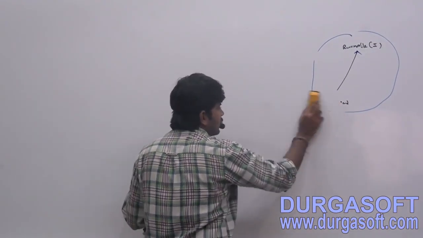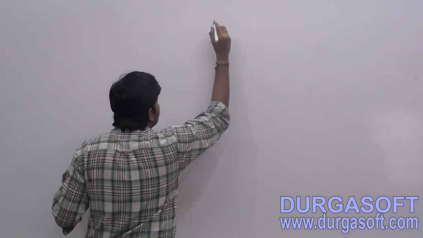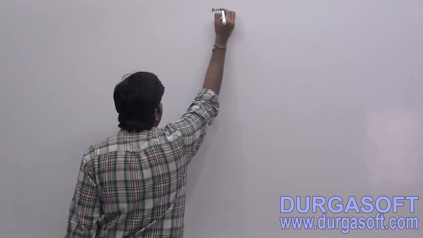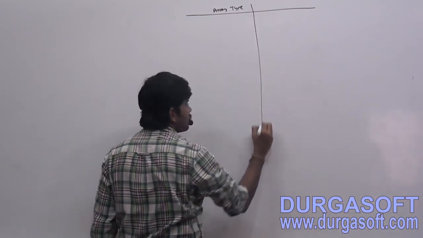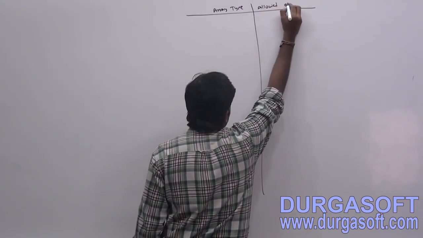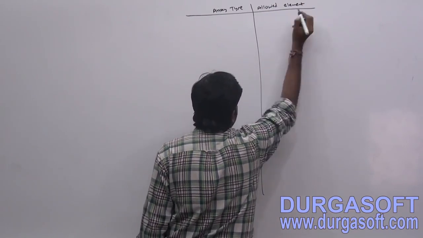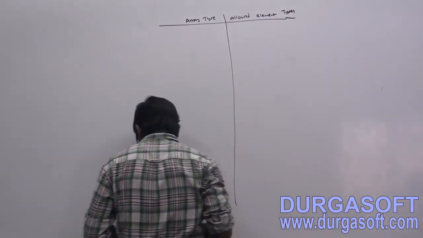Next, let me summarize whatever cases we covered. Now listen well. Here I am taking array type, allowed element types. Array type allowed element types.